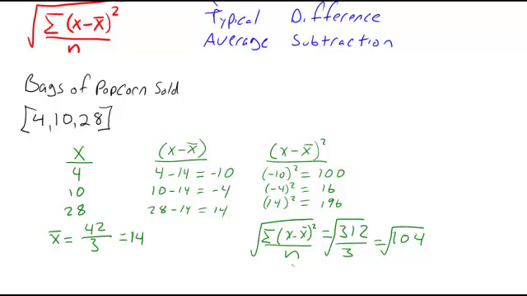So the square root of 104 gives me approximately 10.19. I'm sorry, 10.20 if I round it. And what is that? 10.20 bags of popcorn.